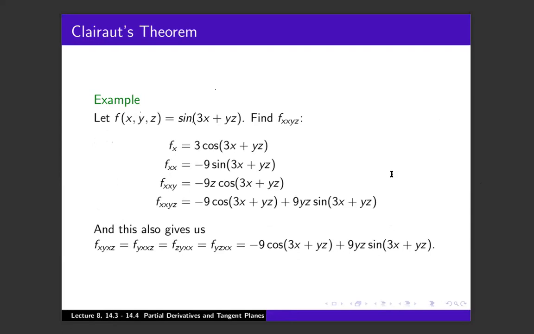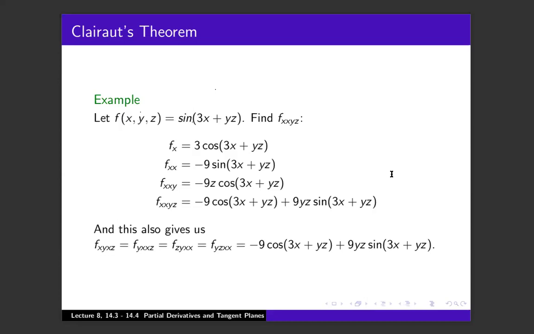You take the derivative with respect to x, which is 3 cosine 3x plus yz, after a chain rule. Fxx, another iteration of a very simple chain rule, bring out the constant 3, and again, treating y and z as constants because they are constants. Fxy, same story. And then fxyz, here it gets a little trickier because now you have to apply the product rule.